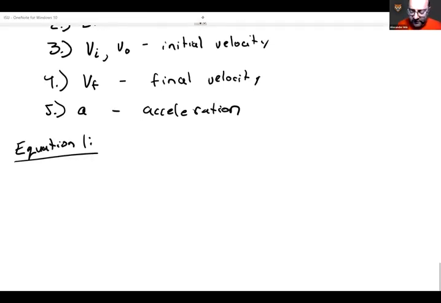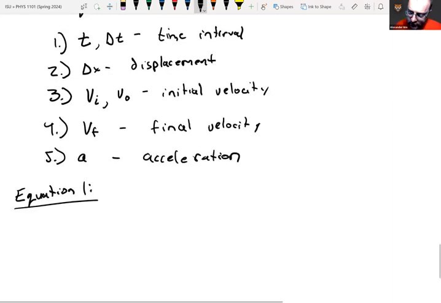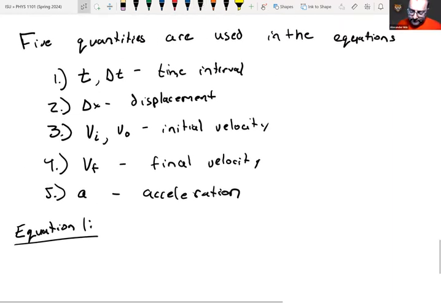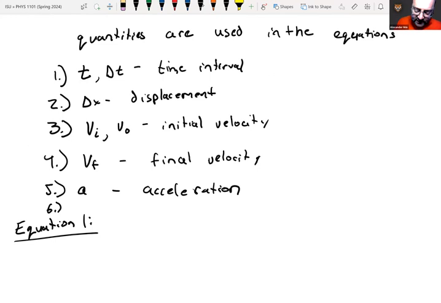There are actually two average velocity equations. And so I guess that's something I didn't include here. Yeah, actually, I'll include that as a sixth quantity. So I'll say 6. And the reason is I just want you to know these equations. V bar is your average velocity.